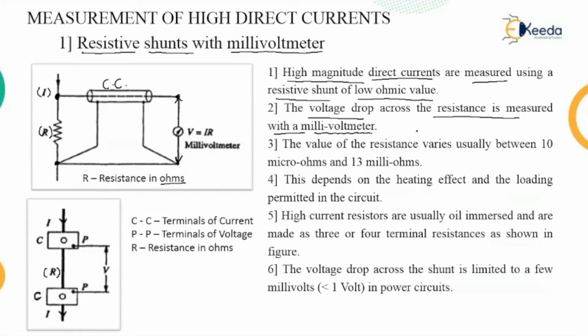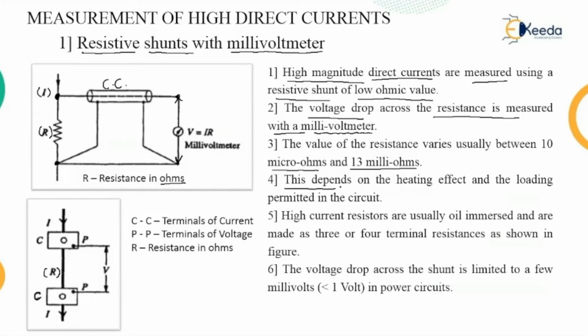It means the range of that voltage is very low, and therefore it is more than sufficient for that much voltage measurement. The value of the resistance varies generally between 10 micro ohms to 30 milliohms. So the range of resistance is very low, from micro ohms to milliohms.